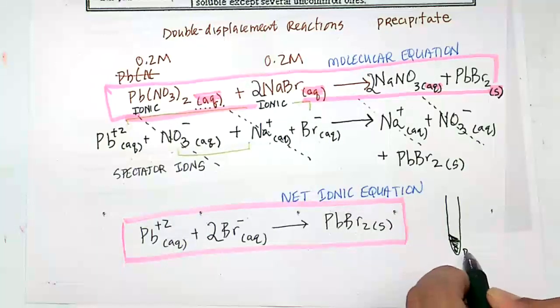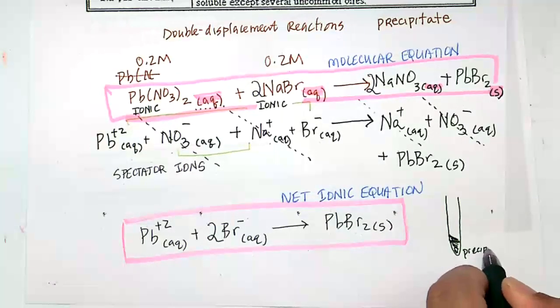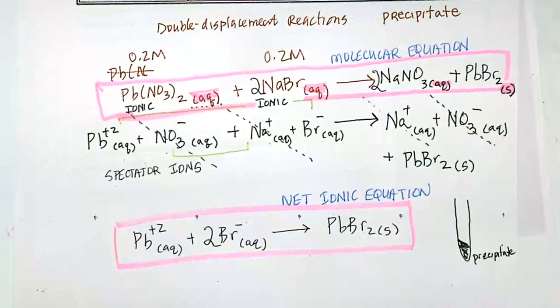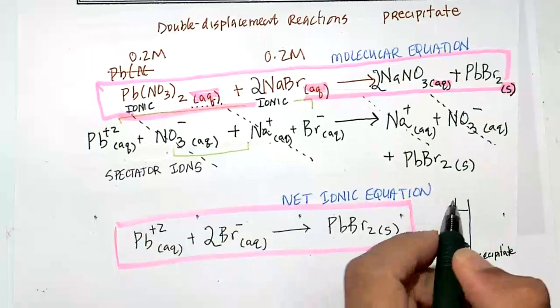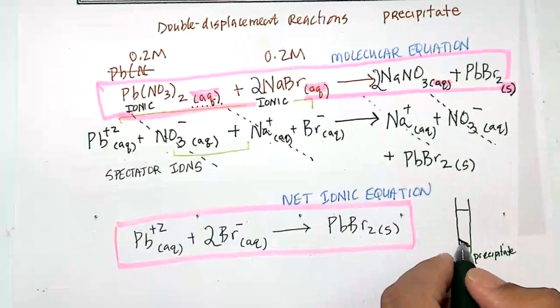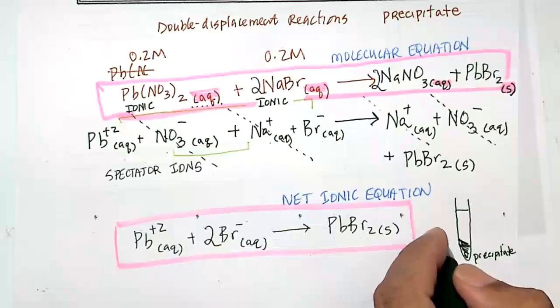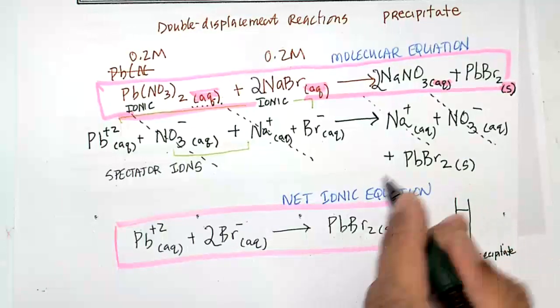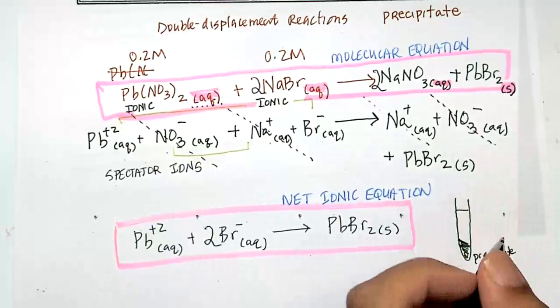Okay, this is the precipitate, and the thing that's at the bottom. That will be PbBr2, right? PbBr2. That's exactly correct. And the liquid at the top, that's called supernatant.